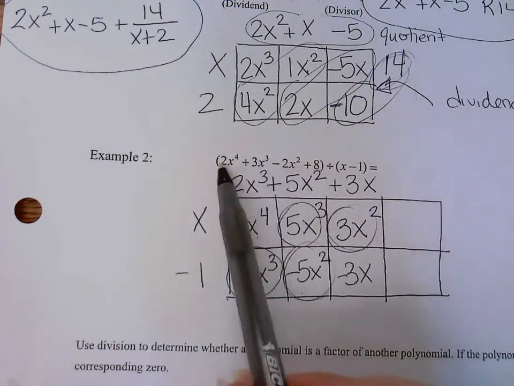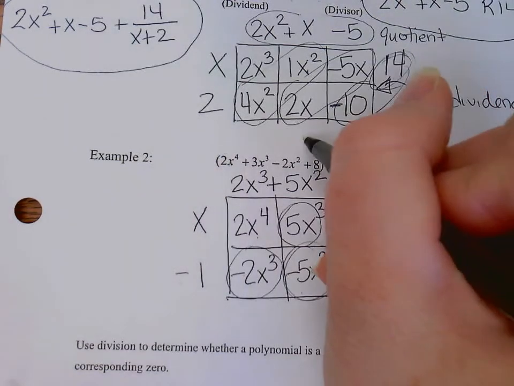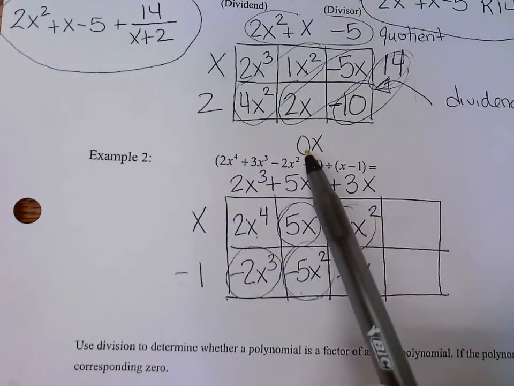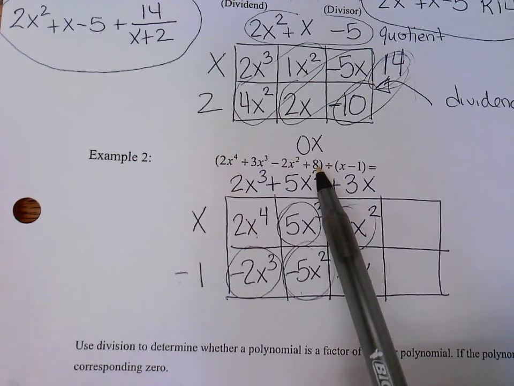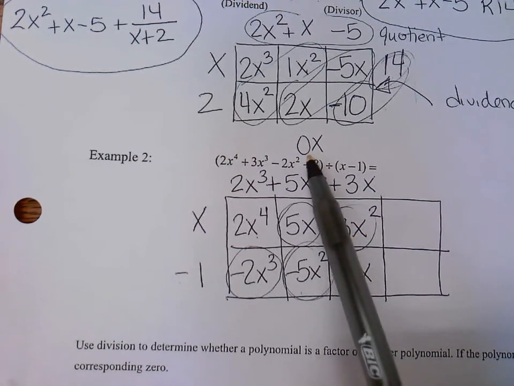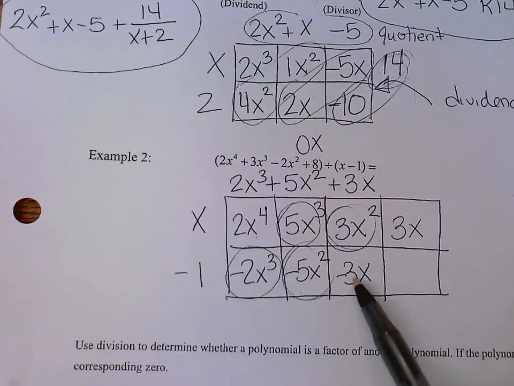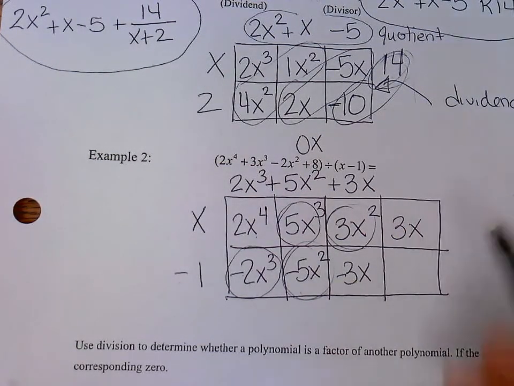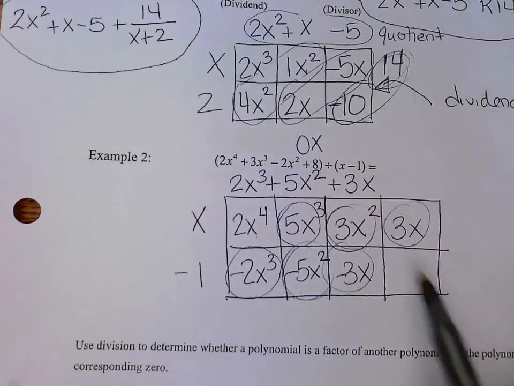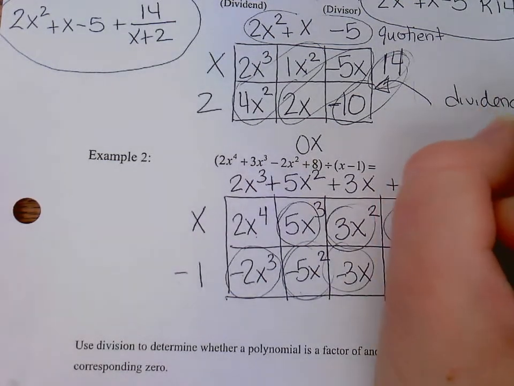How many x's are in the dividend? 0x, right? See how it skips that term? It goes right from x squared to the constant of 8. If it has to add up to 0x, you need to add 3x then, right? Because -3 and positive 3 will add up to 0. So my last term would be plus 3 up here.